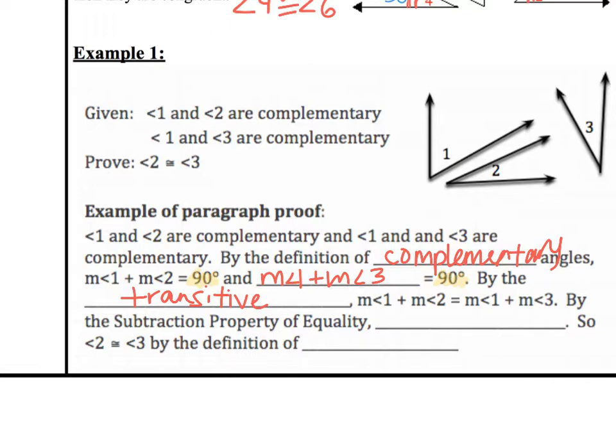Measure of angle 2 equals measure of angle 3. And then we're allowed to say angle 2 is congruent to angle 3 by the definition of what, guys? Congruent. Since they are equal, they are congruent.